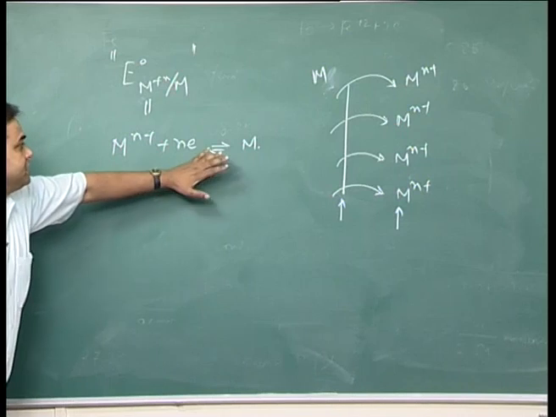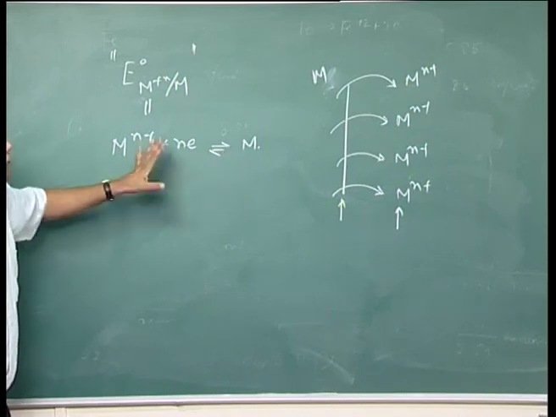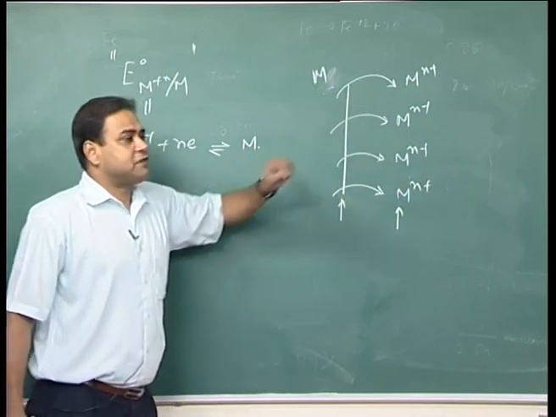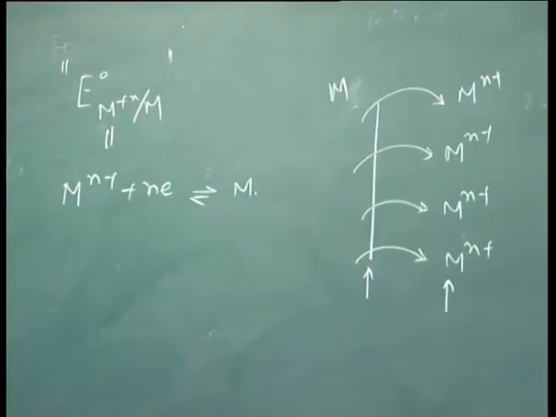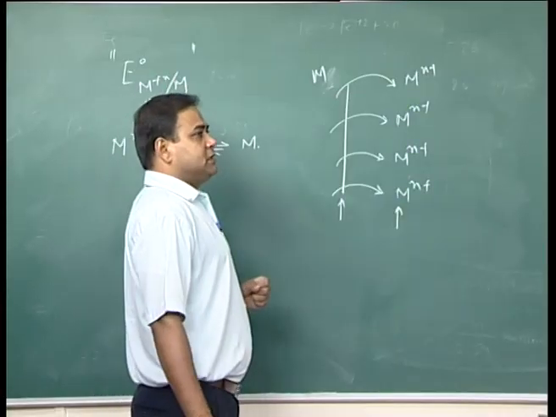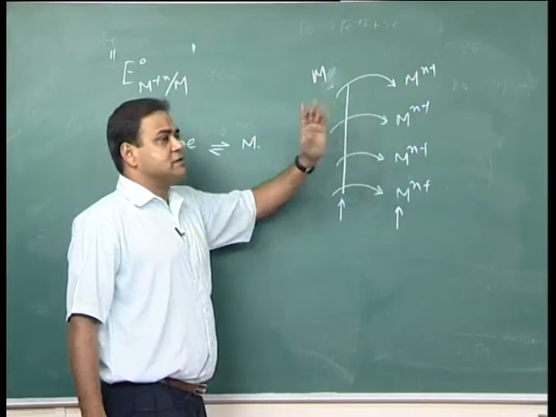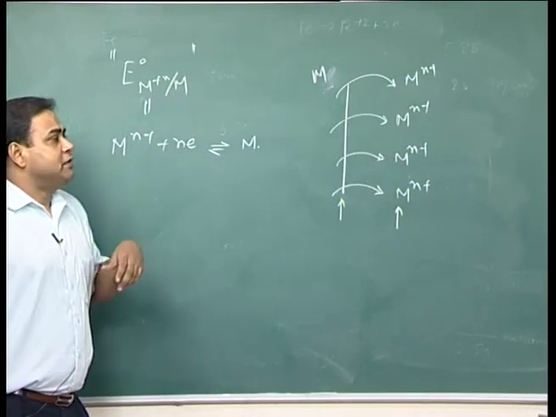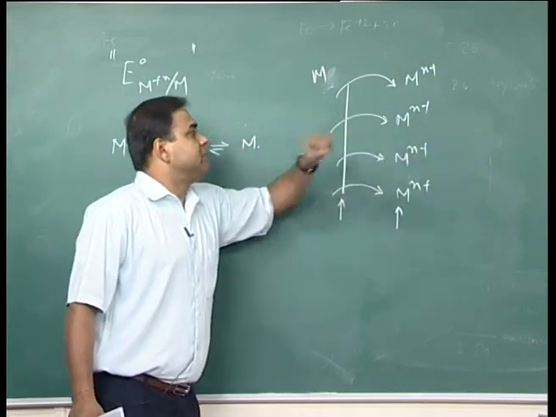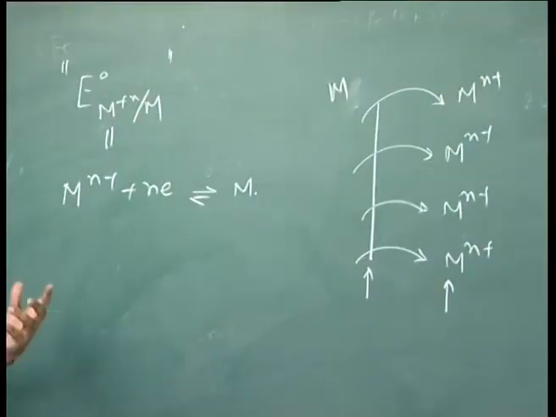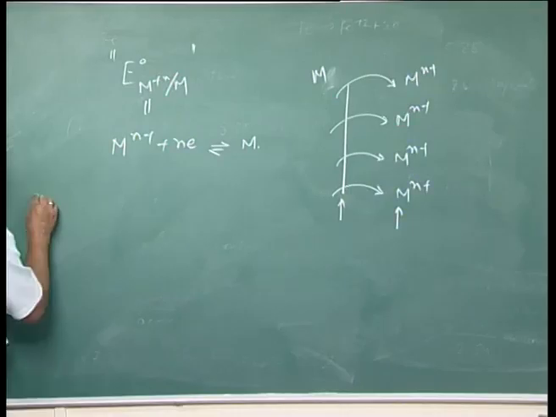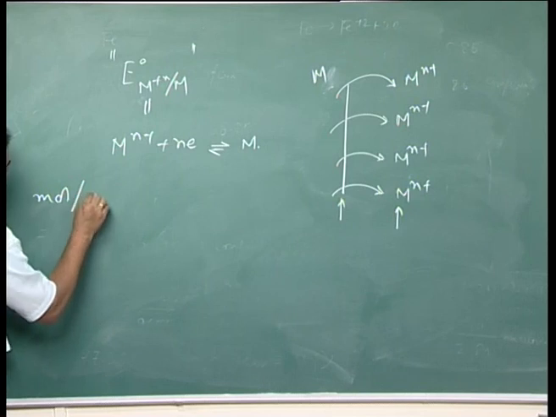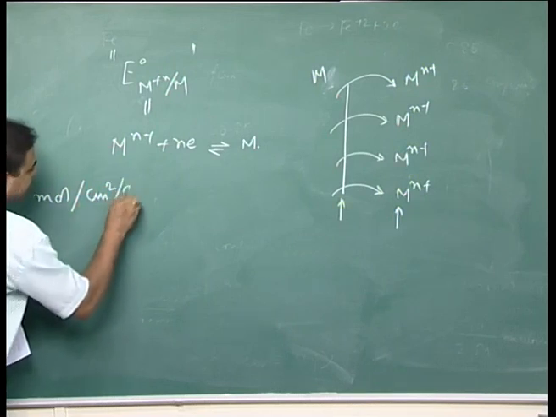That means the rate at which metal ion is forming from the metal surface, or you can say the flux of metal atoms coming out from the metal surface and forming M n+ ion, which is nothing but, let us say, mole per centimeter square per second.